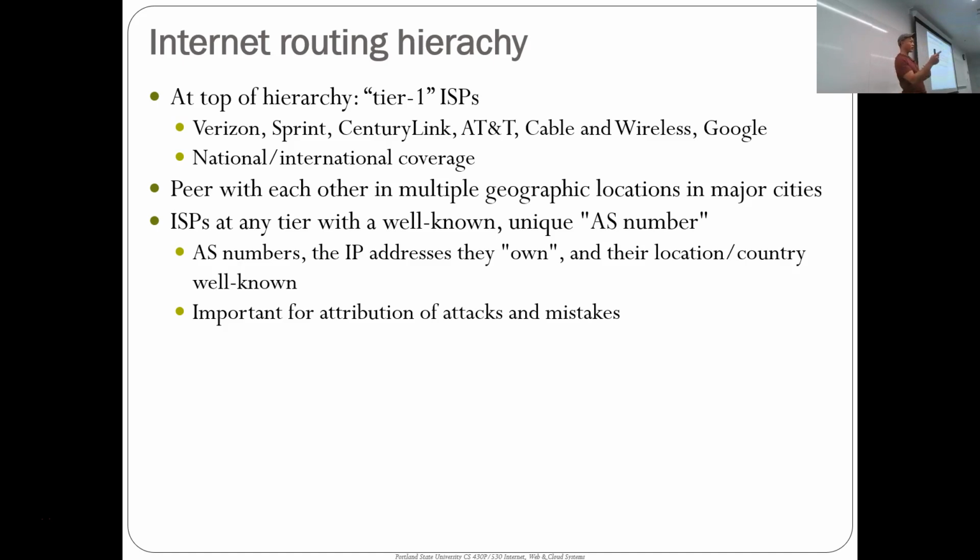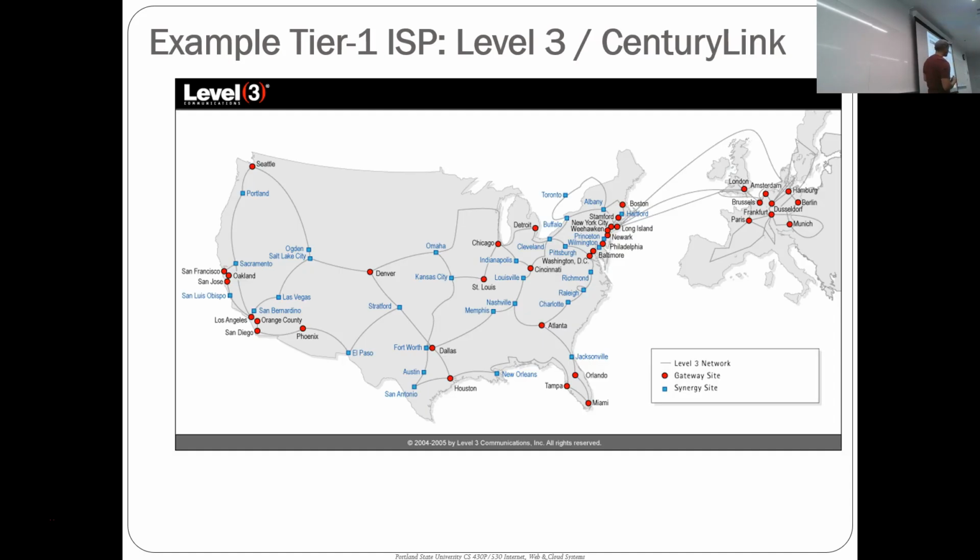You can actually figure out where the thing is coming from. And when you are doing forensic analysis for incident response and security, this is where you would start to trace information about the source. And so that's what this AS number is. So it's important for that kind of attribution. Yes?